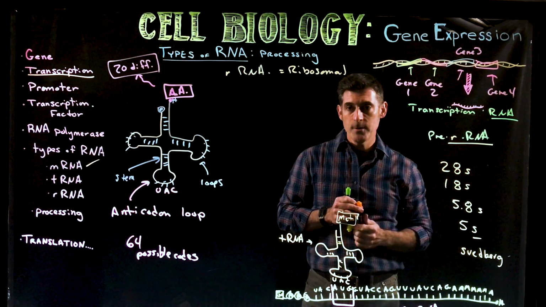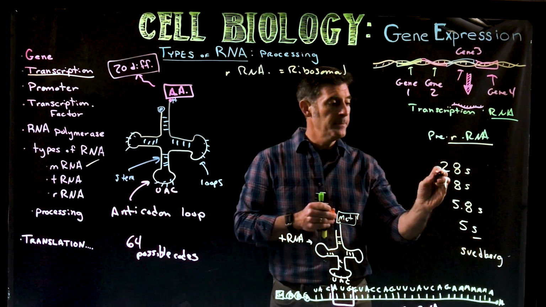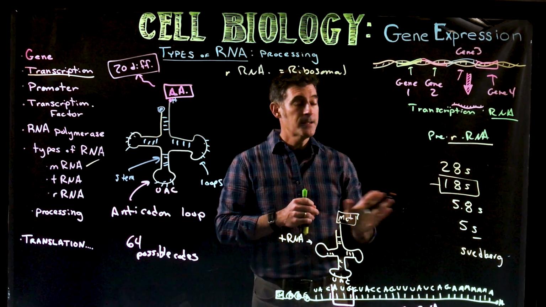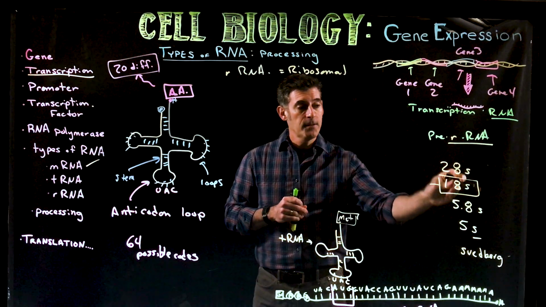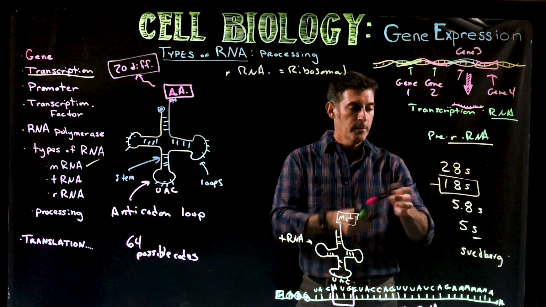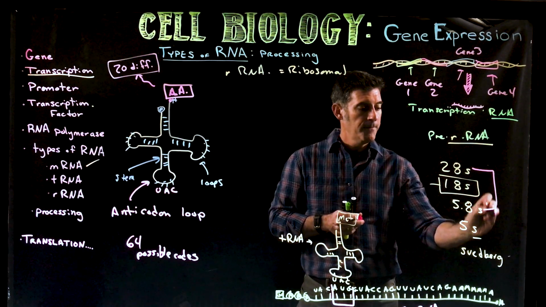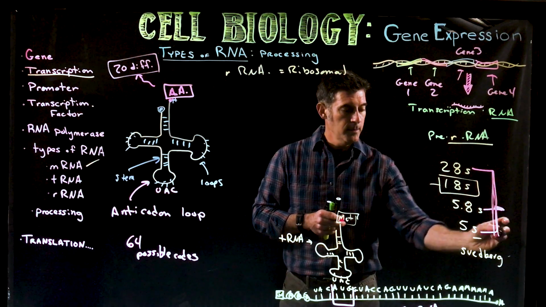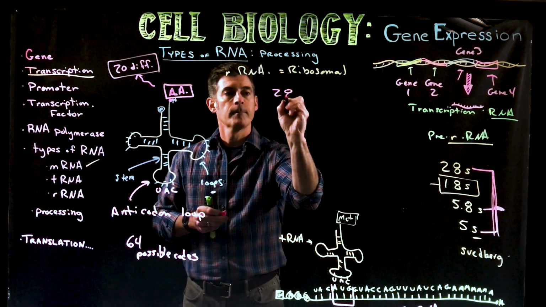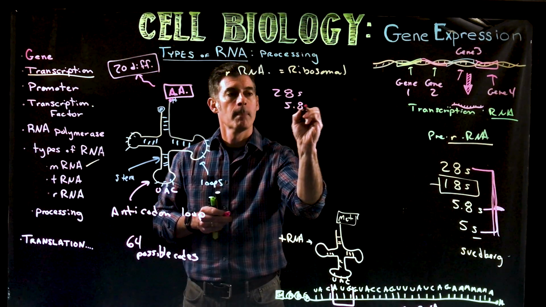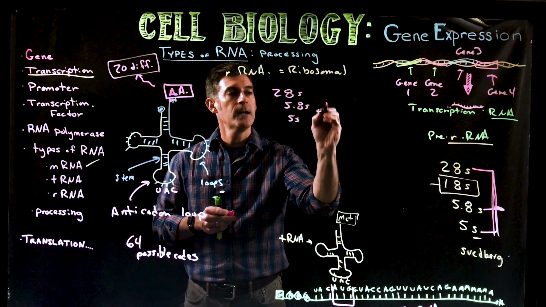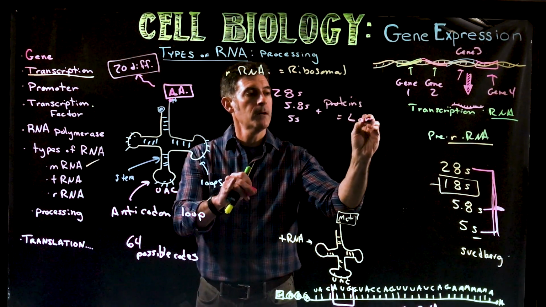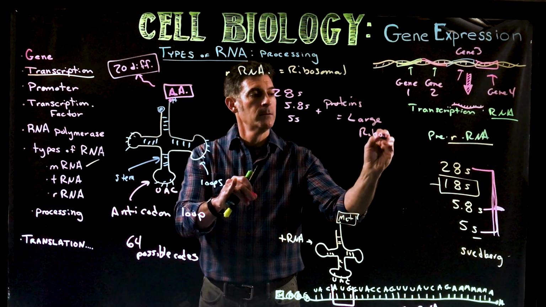Now, what's going to happen is the 18S ribosomal RNA, this particular one, is going to stay by itself. But the other 3 types, they are going to join together. So the 28S, the 5.8S, and 5S ribosomal RNAs are going to join together with proteins and form something called the large ribosomal subunit.